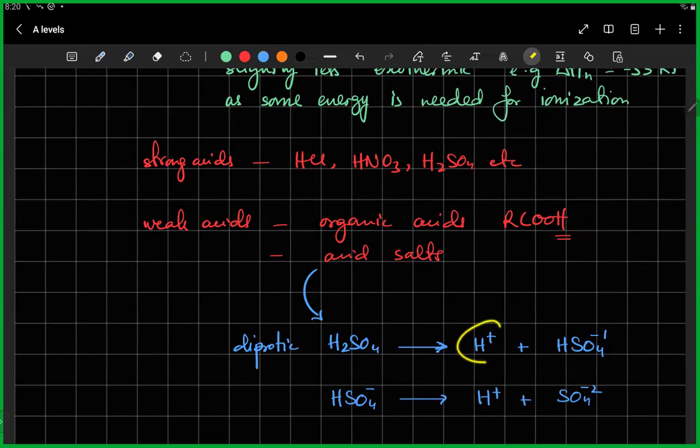First the first one breaks off, फिर वो जो एक रह गया ना पीछे, then that breaks off. ठीक है, and you're left with the SO4 minus 2 ion. क्लियर है ये? Yes, sir. It's clear.